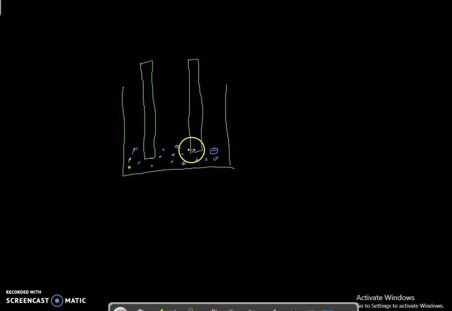So we have our positive and negative ions inside the electrolyte. Okay, so we dip our electrodes inside our electrolyte.